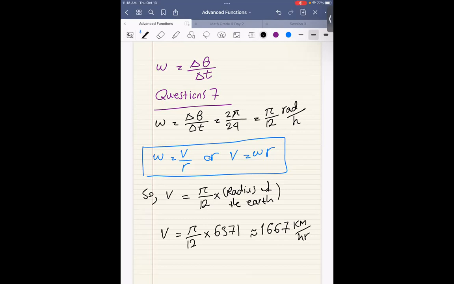It depends. If you rotate in the same direction as the Earth, you just move with the Earth. If you move faster, you go faster. It depends whether you go in the opposite direction.